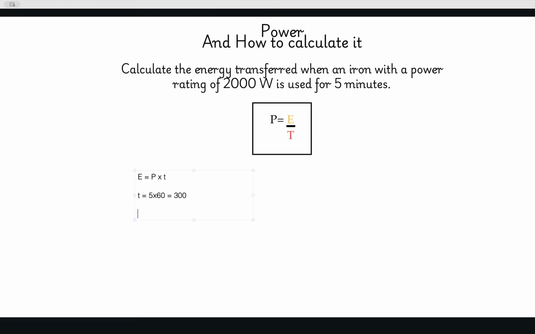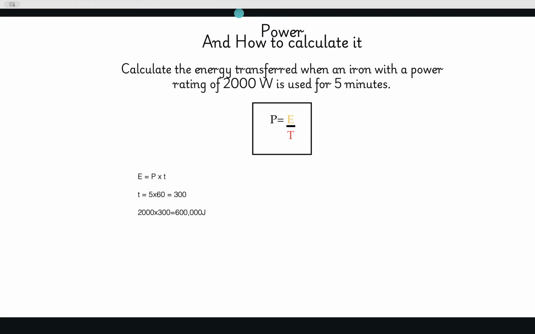And then we're going to do 2000 times 300 to work out our energy. So 2000 times 300, well, that is 600,000. And the unit for energy transferred is joules. So it's 600,000 joules. Okay, so that is our final answer there. So we're using the rearrangement here.